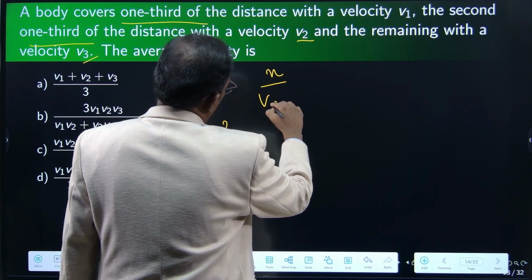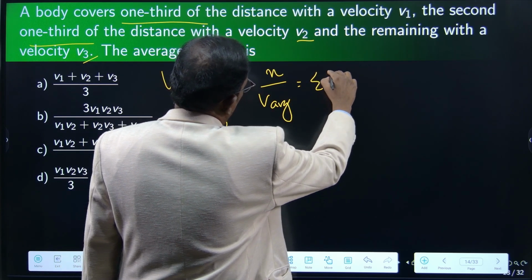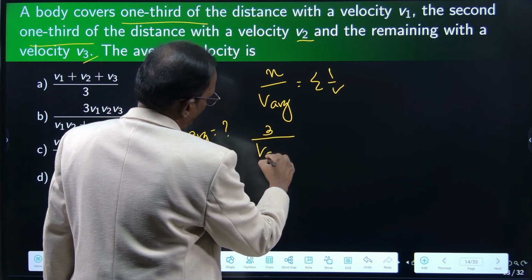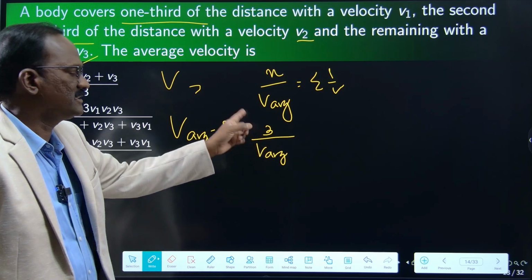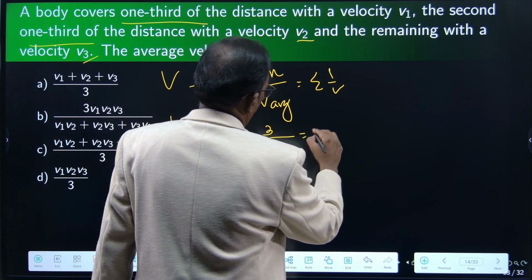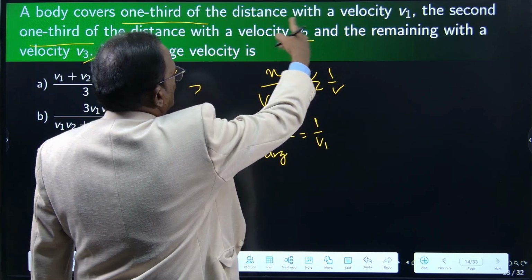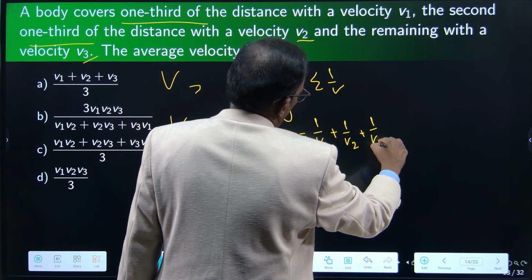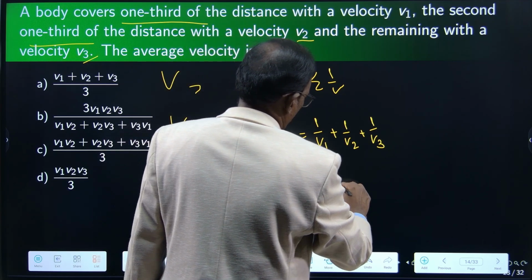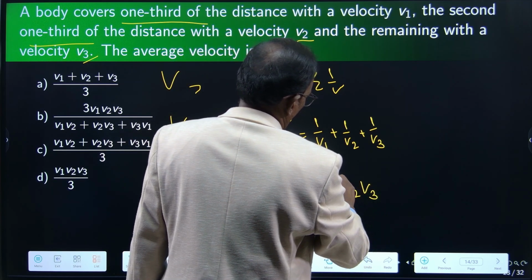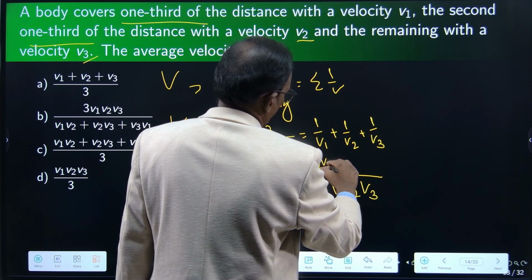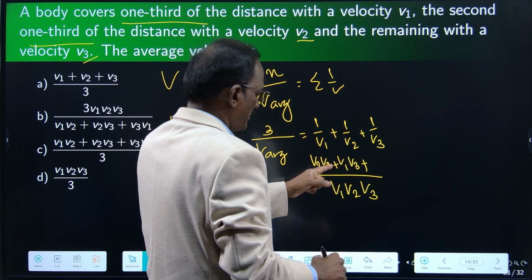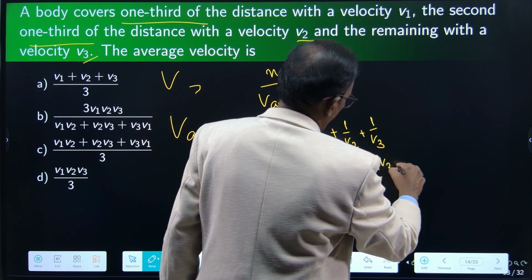N by V average is equal to sigma 1 by V. N is equal to 3, one-third, one-third, one-third, then total N is equal to 3. This is 1 by V1, then V2, then V3. V1, V2, V3 LCM. This is V2 V3 plus V1 V3 plus V1 V2.